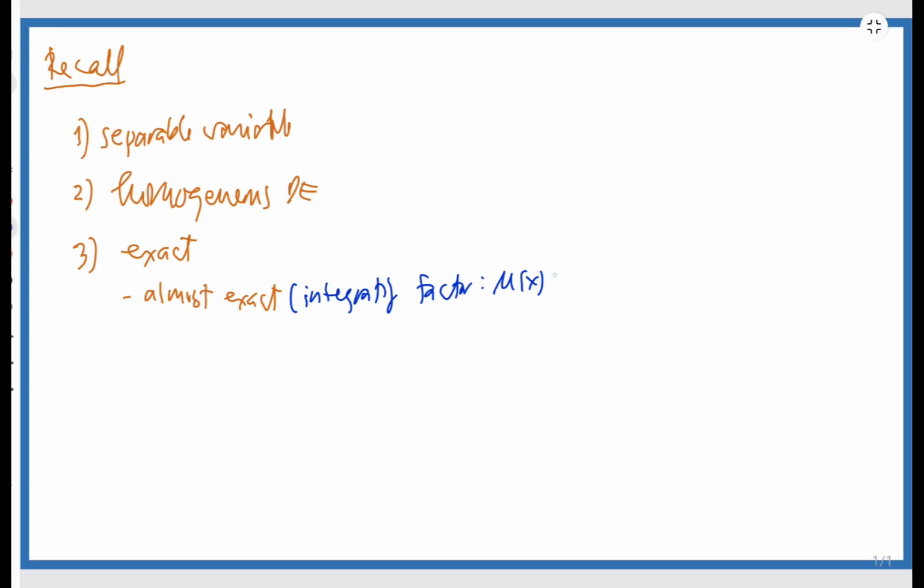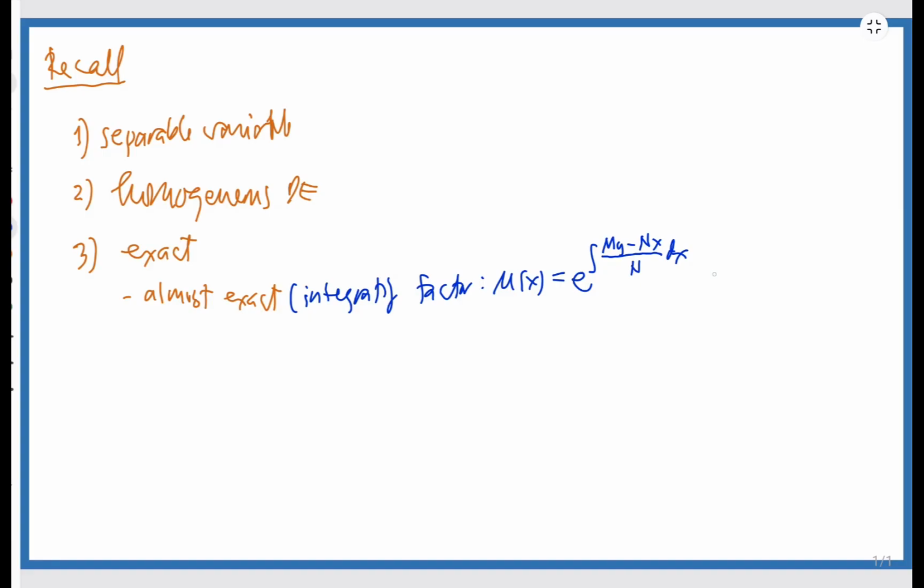It is a function which can be solved by raising to power the constant e, and the power is the integral of the partial of m with respect to y minus the partial of n with respect to x, all over n, dx.